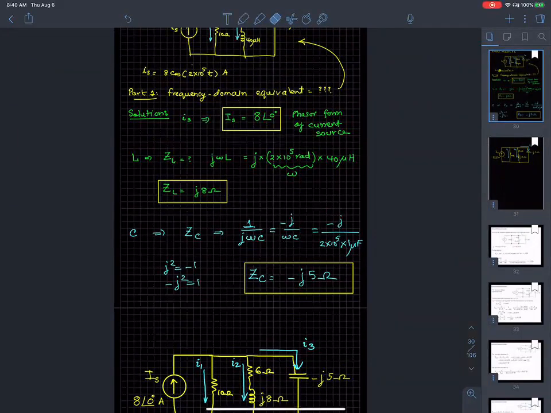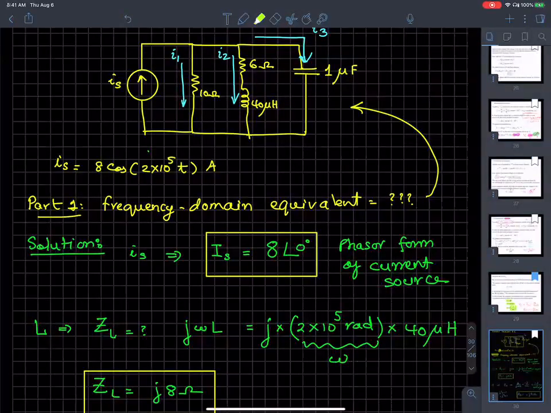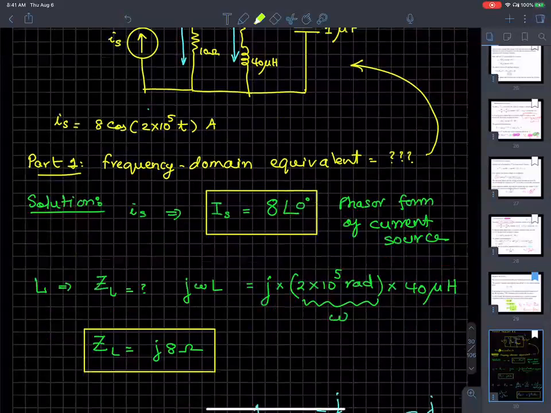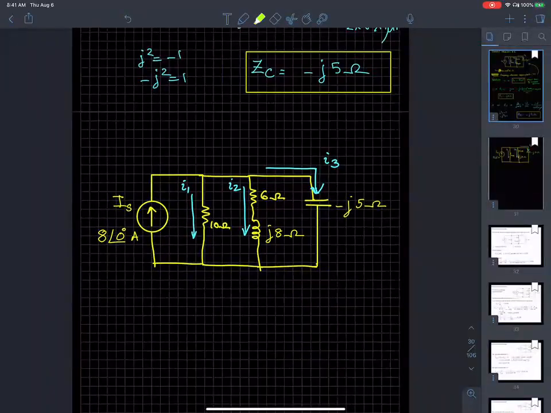So I have completely solved the first part of the question, which was to find the frequency domain equivalent. Here it is. The frequency domain equivalent is this: the impedance expressed as complex impedance for the inductor and the capacitance. Everything else is the same. Questions so far, please.